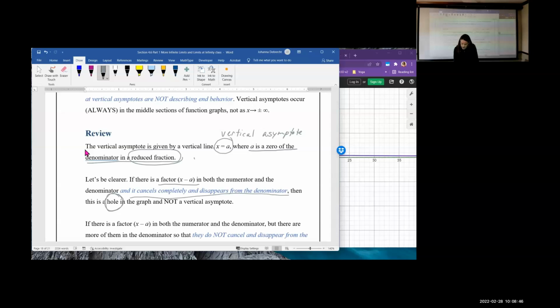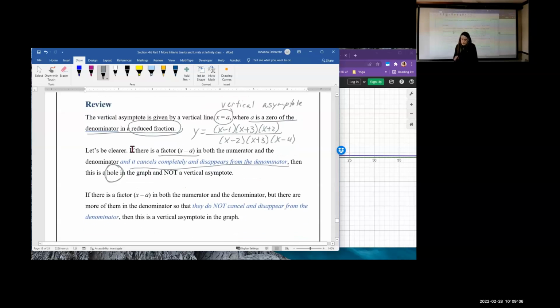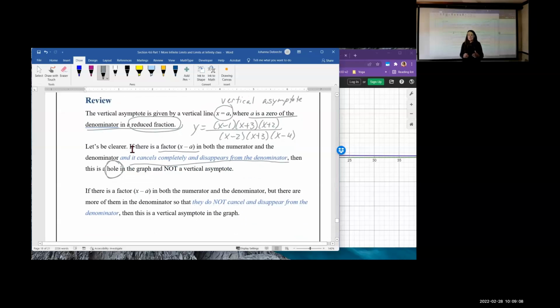Let's say I had y equals (x minus 1)(x plus 3)(x plus 2) over (x minus 2)(x plus 3)(x minus 4). All right. Now, does one of those factors cancel and disappear completely? Yeah. And it would be the x plus 3, right?